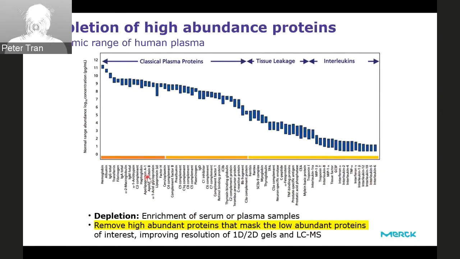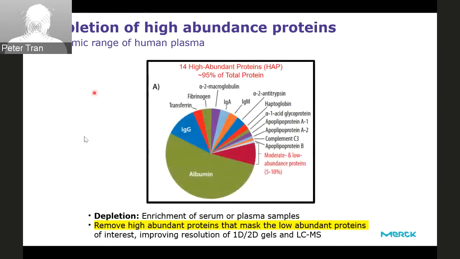So we need to remove the highly abundant proteins because they just mask the low abundant proteins. And this graph shows you that the highly abundant proteins make up about 95% of total protein, and the low abundant proteins only make up about 5 to 10%.